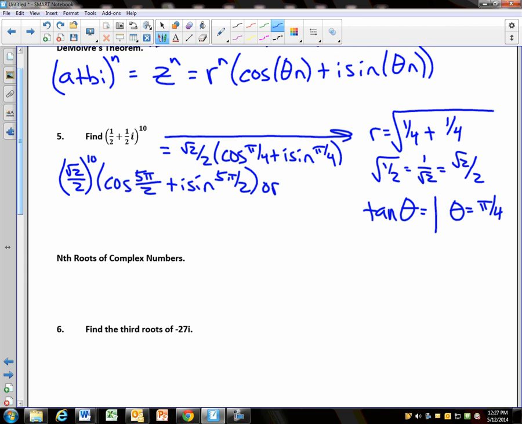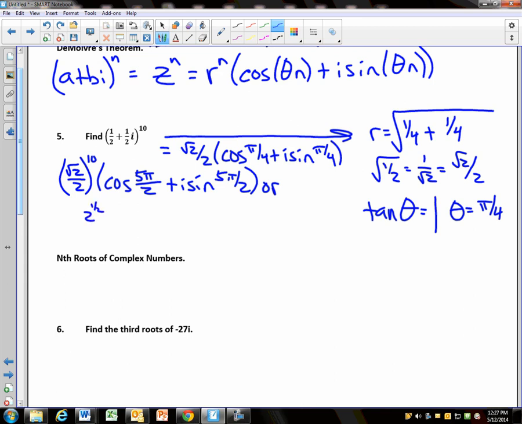If I have a fraction to a power, I take the top to the 10th power and the bottom to the 10th power, correct? This is 2 to what power right now? 1/2. If you have a power to a power, what do you do? Multiply. So instead of 2 to the 1/2, I could write this as 2 to the 5th over 2 to the 10th. I'll write it out and erase it.